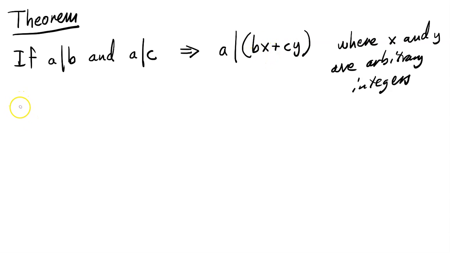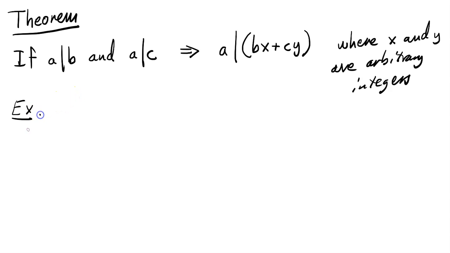Okay, so this may not be so interesting in itself, but this theorem will be useful when we try to prove other theorems. So it's mostly interesting in that sense. But let's take an example to show how it works.